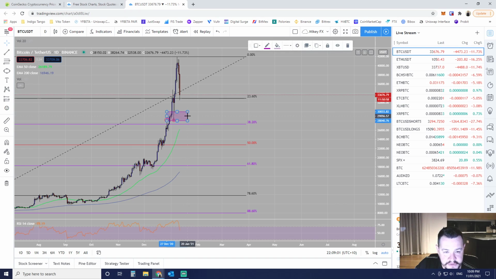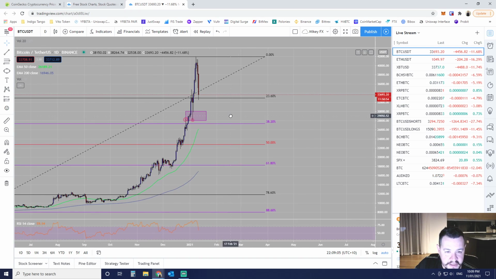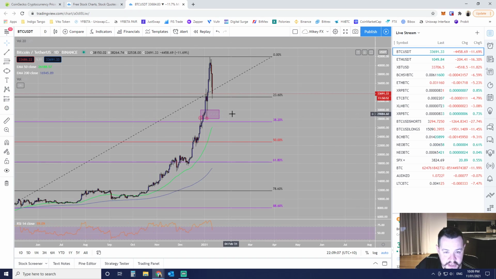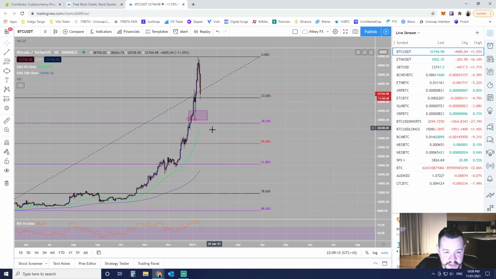That's probably our most exposed or best area for support and resistance. So we'll see what happens around that area, see what happens with the 50 EMA, see if we get a bounce off the 38.2. If we bounce from this level and continue up, we'll most likely make a new all-time high again. If not, we'll at least retest this all-time high before we drop back down again.